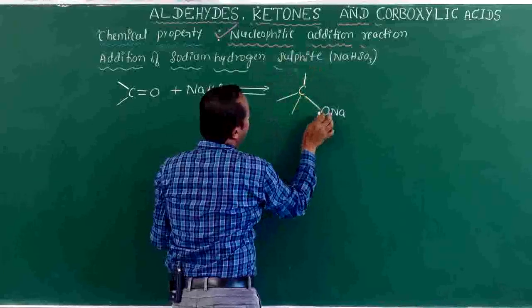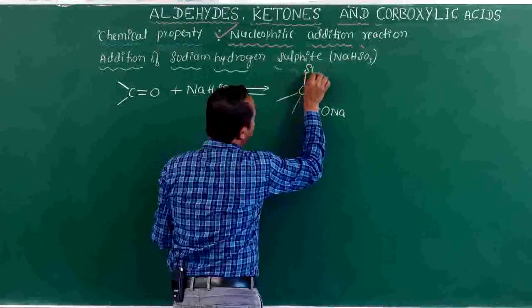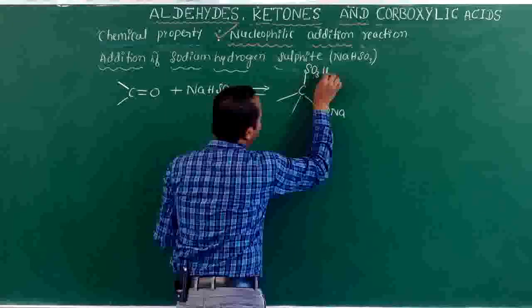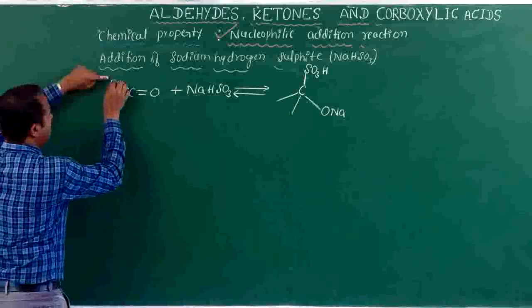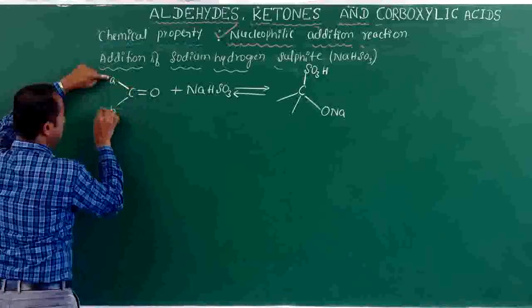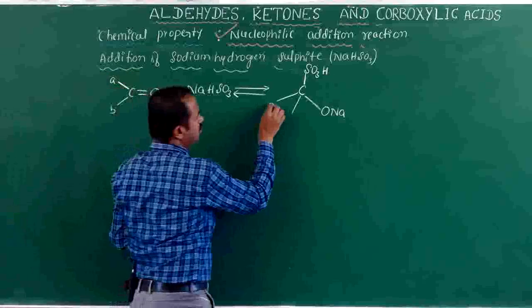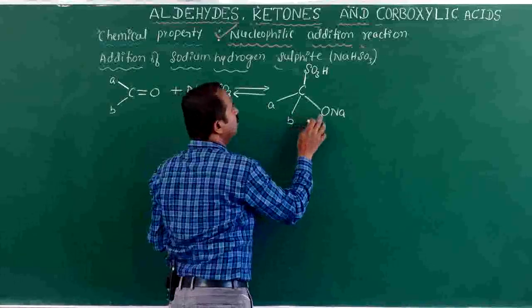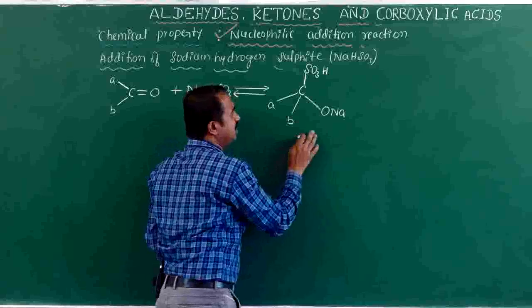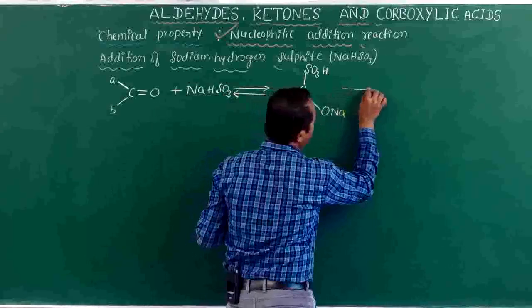The nucleophile is SO3H. Suppose I take an aldehyde with A and B, it forms a sodium alkoxide.